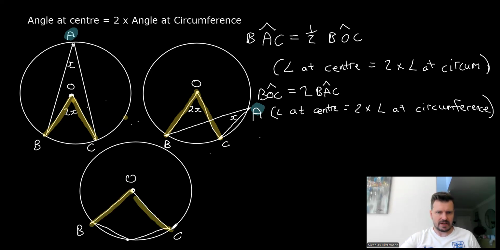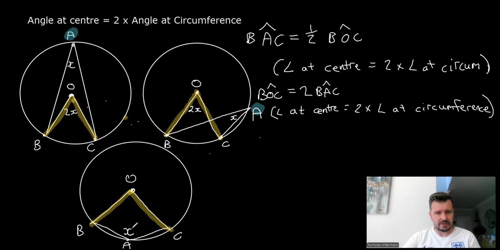But now my A is on the circumference. For this one, our X is here.